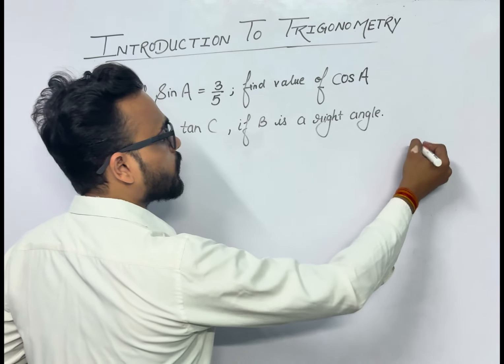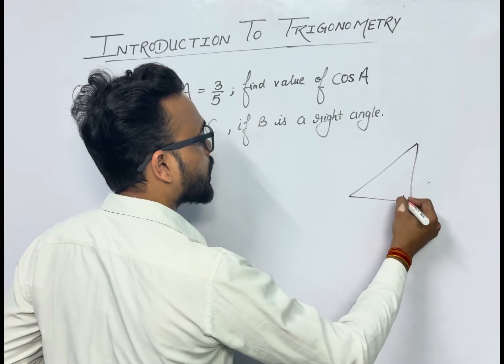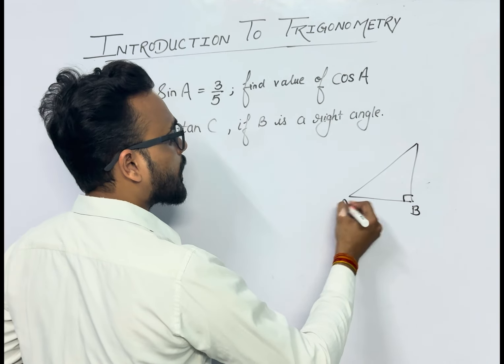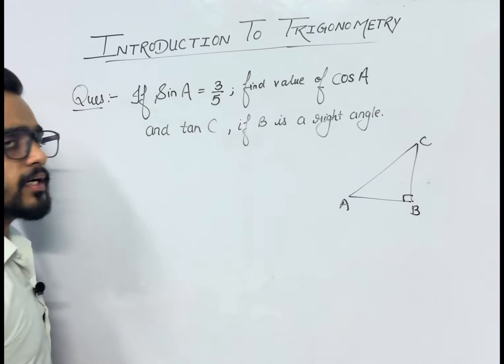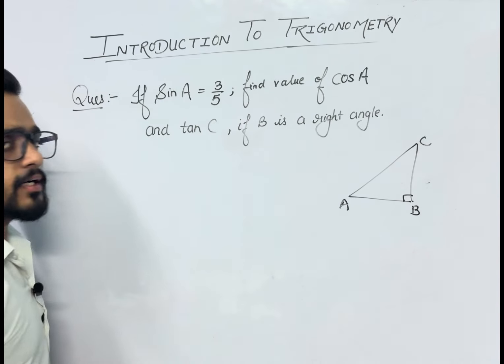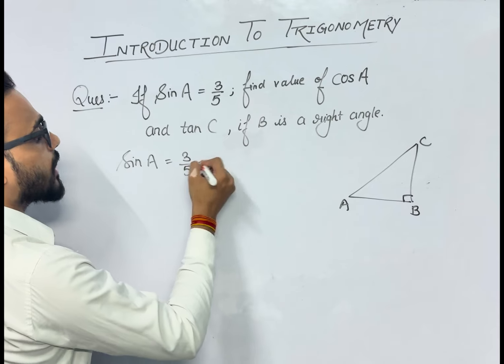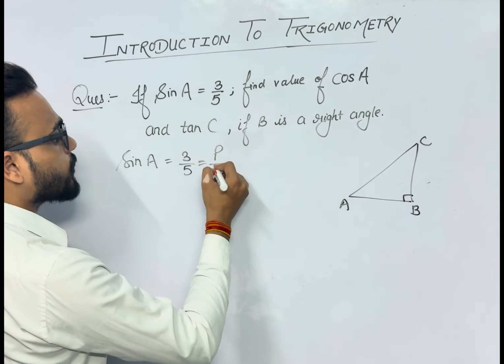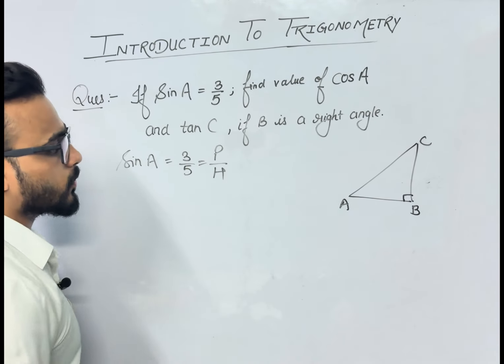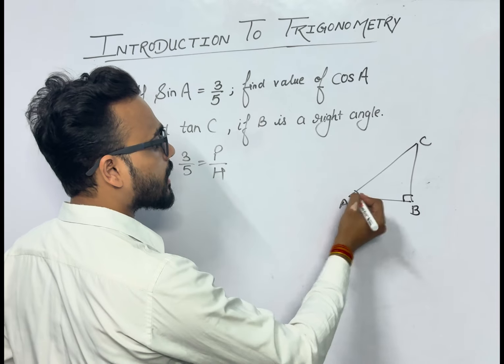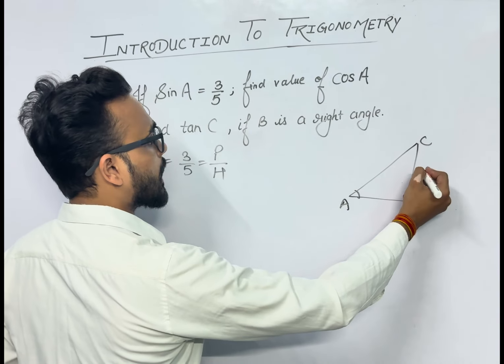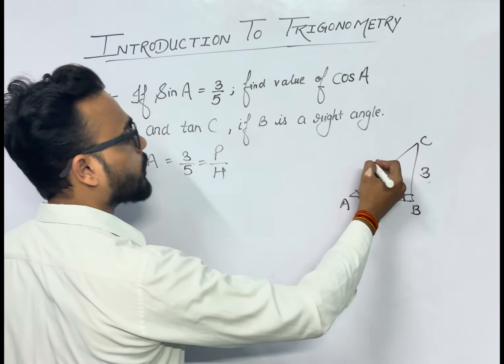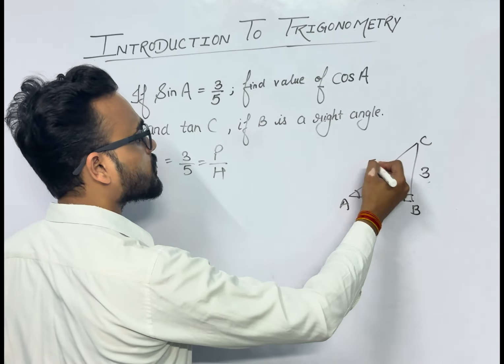So firstly we have to make a right angle triangle where B is a right angle and A and C are the other vertices of that triangle, and according to this, sin A is equal to 3 by 5, and sin stands for perpendicular upon hypotenuse. So here according to this angle, perpendicular is 3, and hypotenuse is 5. And we have to find out another arm.